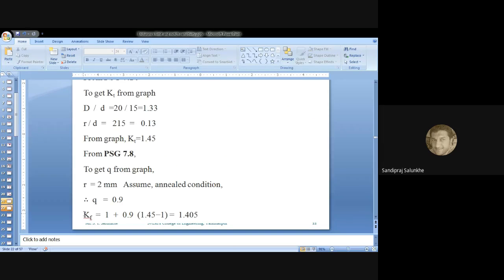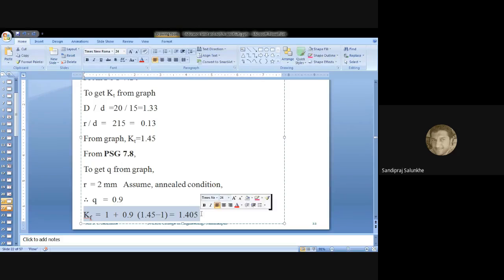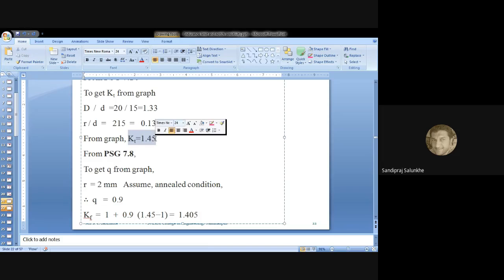So this Kf, which we can calculate as 1.4, because Kf is equal to 1 plus 0.9 into 1.44, the concentration factor. Okay, that we can select from the graph, the previous graph which I have shown, or this value will be given in the problem statement. Okay, and Q also you have to select from the graph, or you have to take that value from the problem statement.